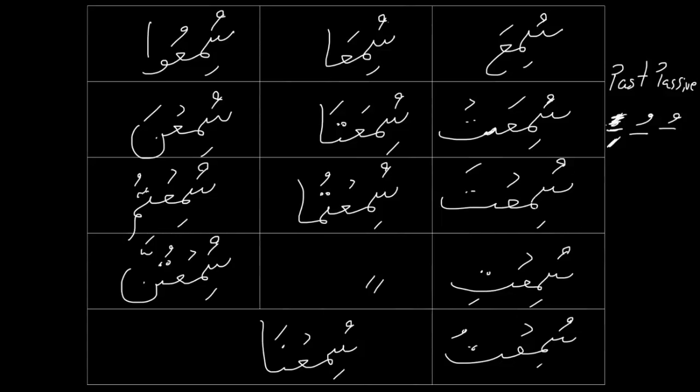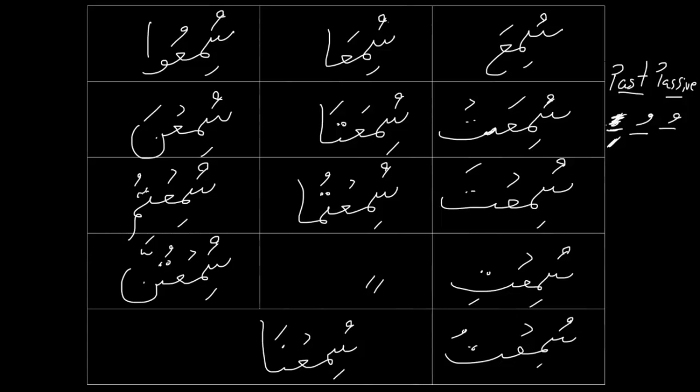Sumi'ta, you masculine were heard. Who heard you? I don't know, but you were heard, and that's what past passive is. The formula is u i. You change the first letter to u, don't do anything to the last letter, and make sure the one letter left in the middle has an i sound.